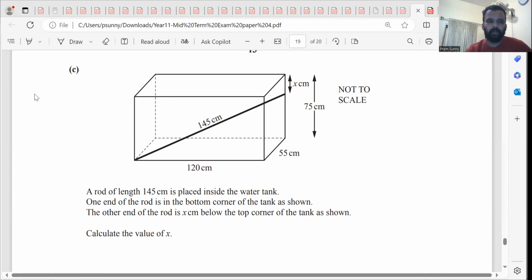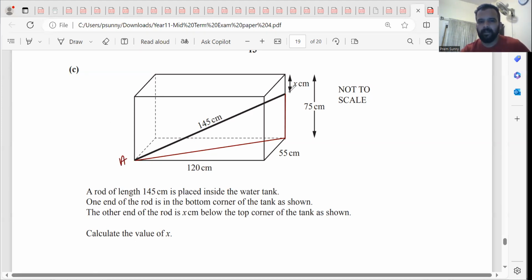So here what we need to do is we need to identify, in 3D trigonometry, the right angle triangle that we are going to consider, and then you use SOHCAHTOA or Pythagoras theorem there. So here, in order to find out this side length, the right angle triangle that we are going to consider, I'm just going to mention this as ABC.